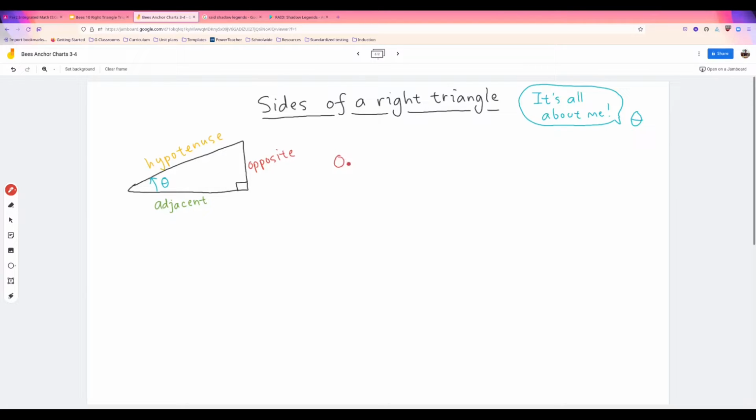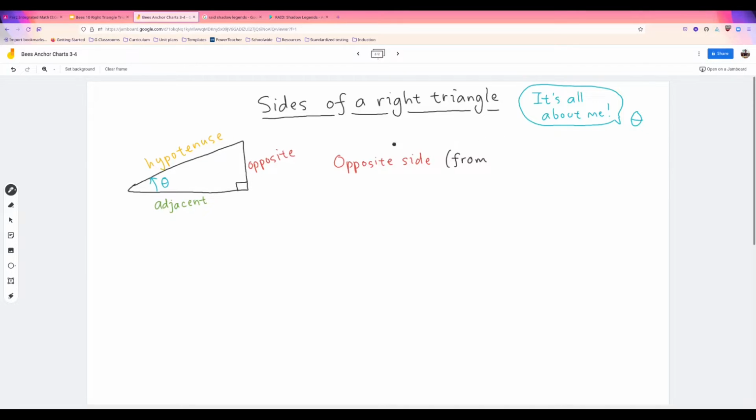So the opposite side, and remember, this is all relative to theta. If we had been looking at the other angle, the opposite and the adjacent sides would change.